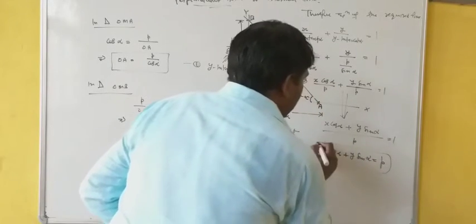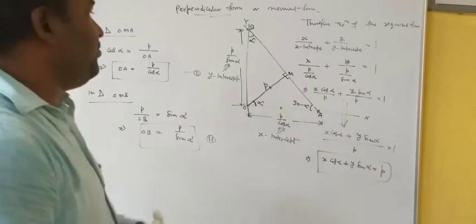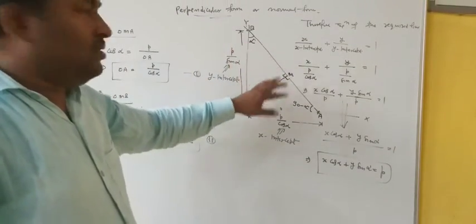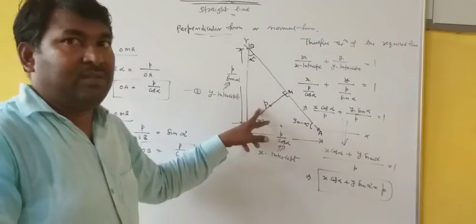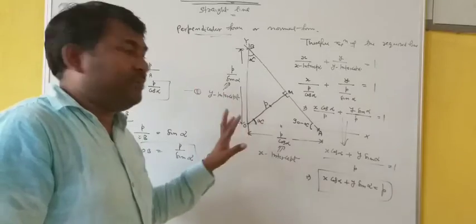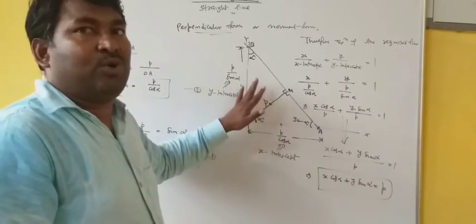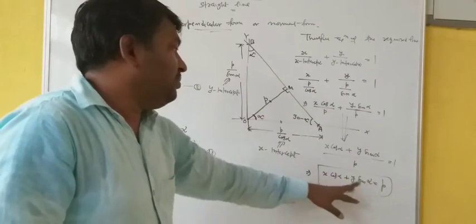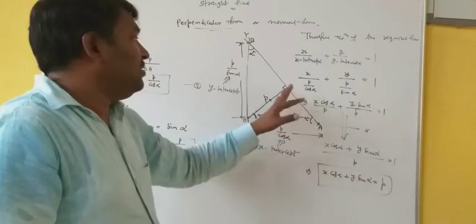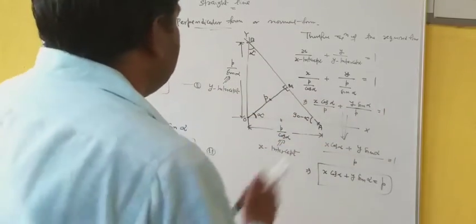This is your normal form of the equation of a line, where the length of the perpendicular drawn from the origin to the line is given, and the inclination of the normal drawn is given, that is alpha, and here p is the normal drawn from the origin on this line. Okay, now some numericals.